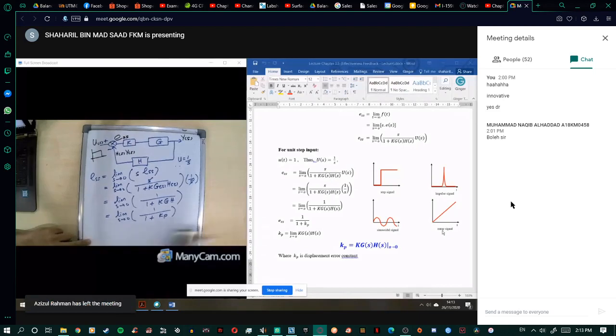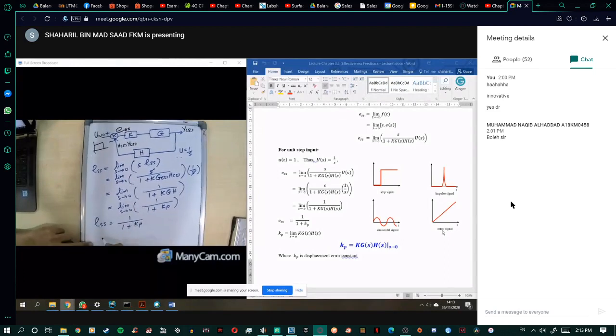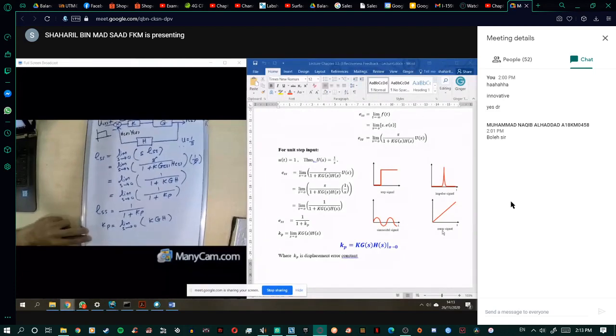Okay, let's redo this one. ess equal to 1 over 1 plus Kp. The limit s going to 0 of KGH, so when you want to solve the limit, you apply s equal to 0 here.